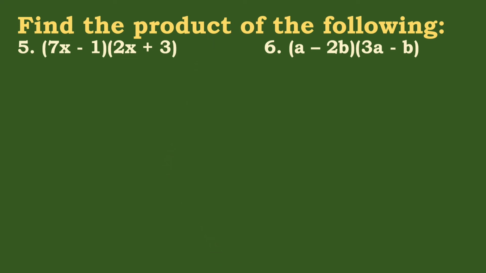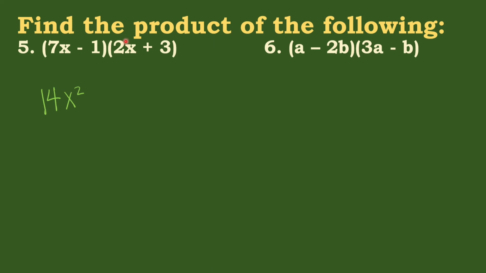Okay, so the first terms are 7x and 2x. So that would be 14x squared. Now, let us mentally combine the outer and the inner results. Okay, so the outer is 7x times 3, and then the inner is negative 1 times 2x.